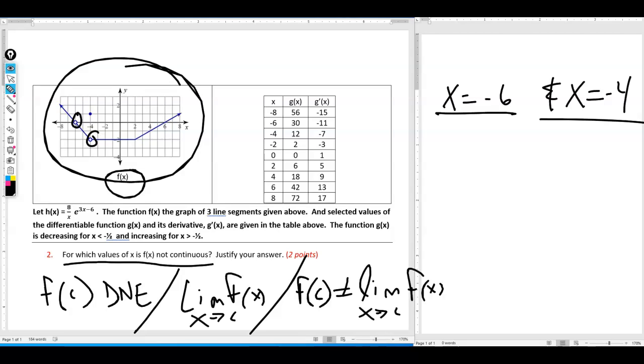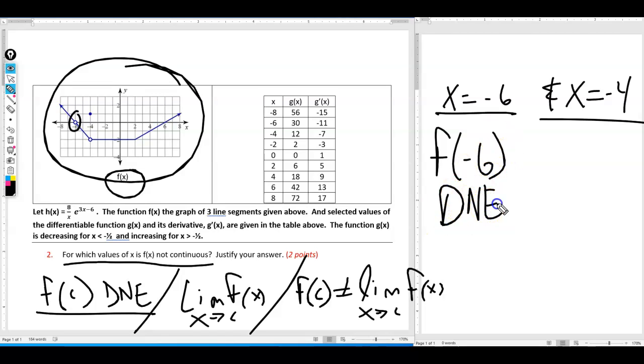So let's take a look at the -6 up here first. This one. So, does the function exist at that point? The answer is no. So what we would say is that f of -6 does not exist. That would be our reason for why it's not continuous at x equals -6. How about for x equals -4?